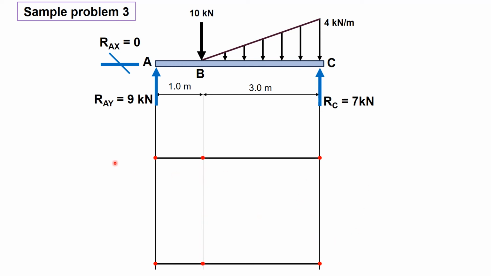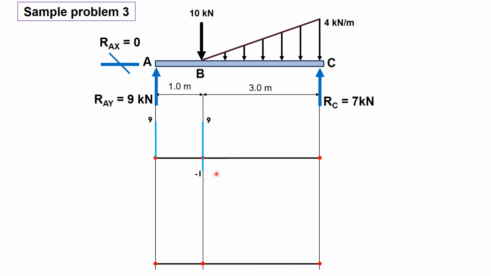Okay, so for the shear diagram, when x is 0, nakita natin that the ordinate is positive 9. And when x is 1, it is still 9. Then, for segment BC, when x is 1, then we have negative 1. And we know what this means.